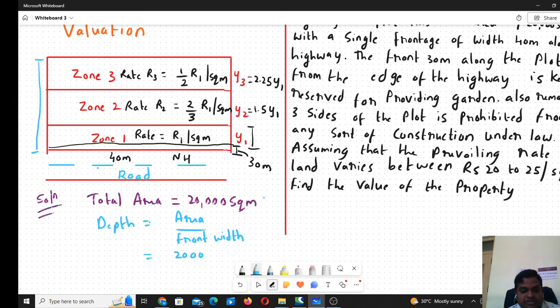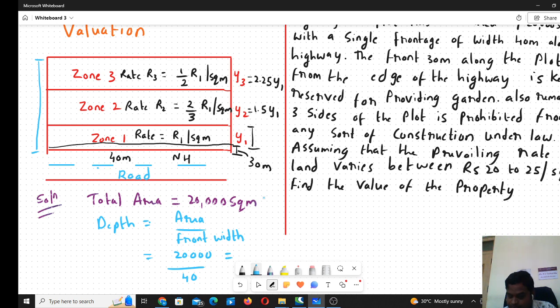20,000 upon front width 40. If we calculate this, 20,000 divided by 40 comes out to be 500.